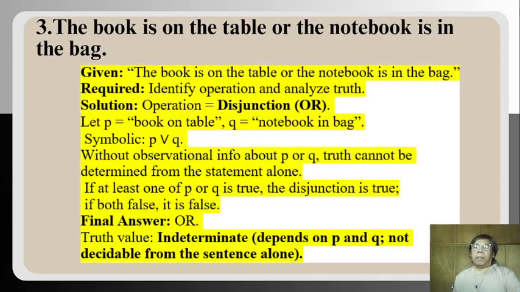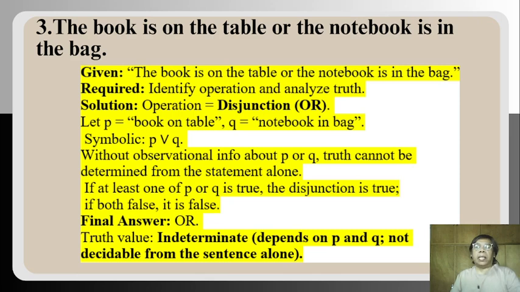Number 3. The book is on the table or the notebook is in the bag. Given: the book is on the table or the notebook is in the bag. Required: identify the operation and analyze truth. Our solution: the operation is disjunction, or. Let P be book on table and Q notebook in bag.